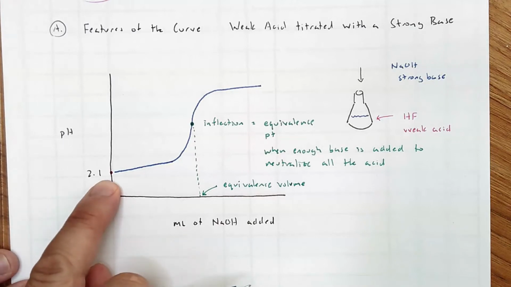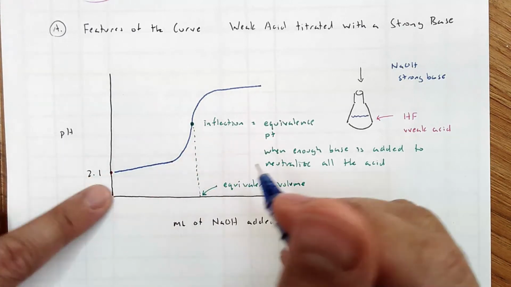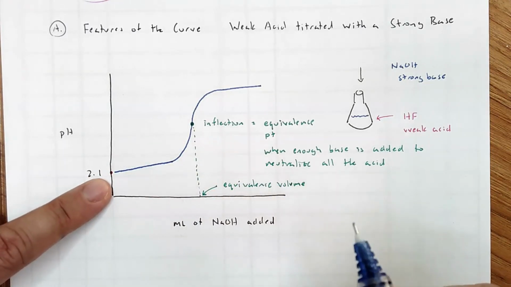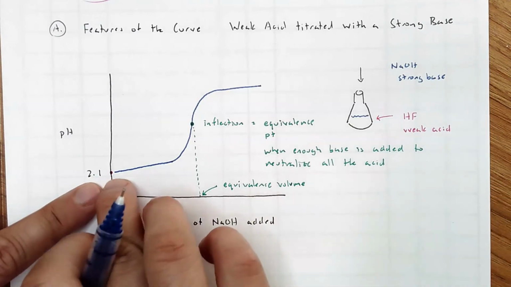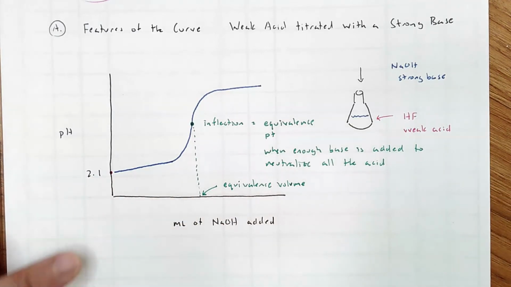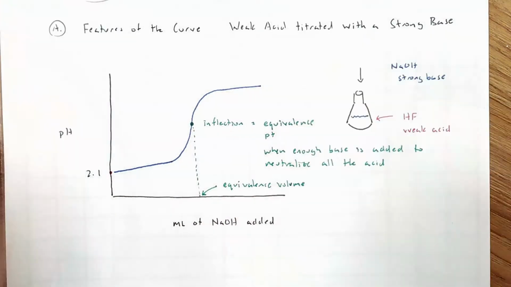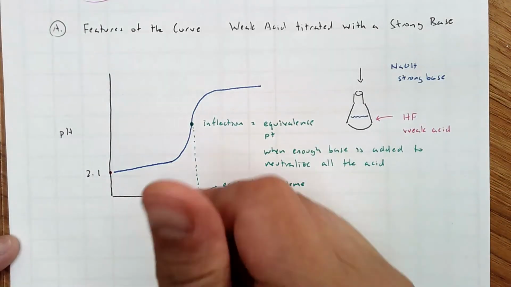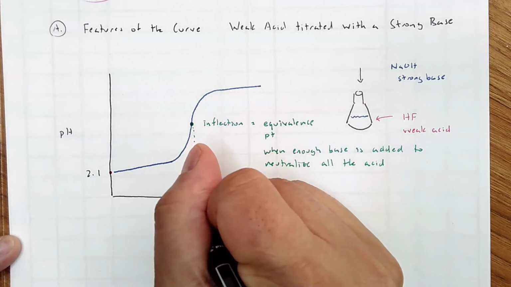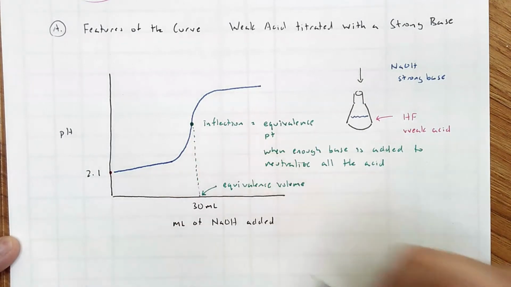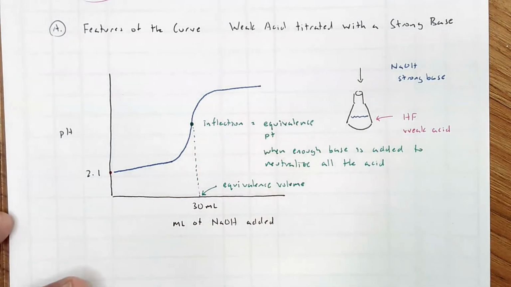Because this pH here, to calculate the pH of a weak acid, we are performing ICE tables to get this number here, to get this pH. But again, let's just look at the features if you're given this graph. So let's say that this is just arbitrarily 30 milliliters. So the interesting thing is we get what's called a half equivalence.